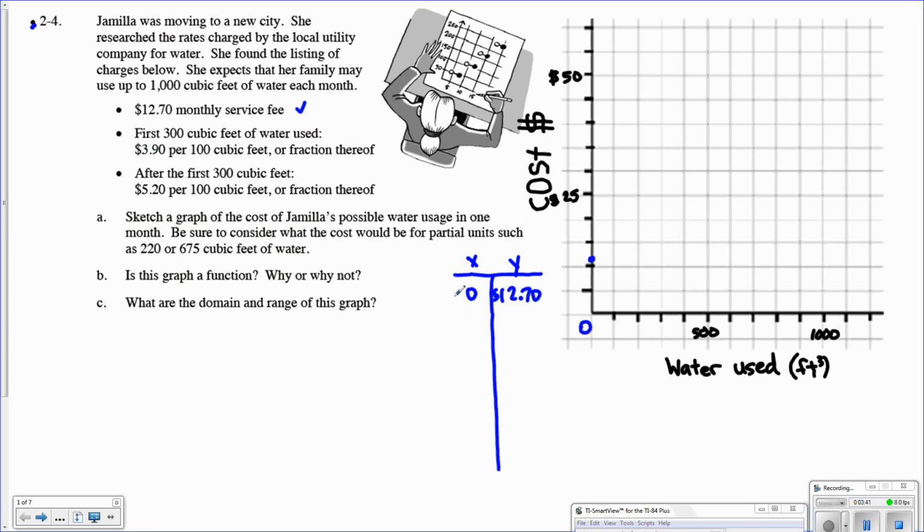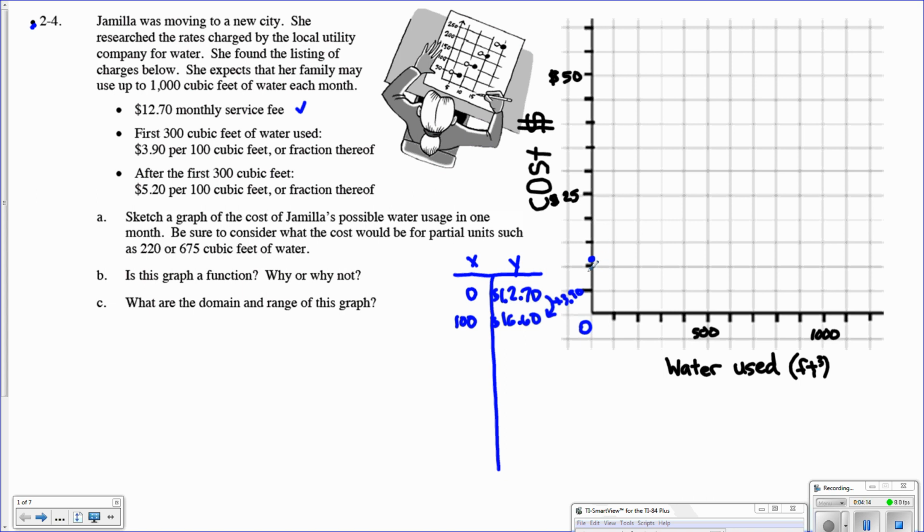So if they use from 0, anything above 0 up to 100, they're going to be paying an additional $3.90. So when we take that and we add it on to 12.70, 12.70 plus 3.90 should be $16.60. That's how much they would have paid, because we got to add 3.90.